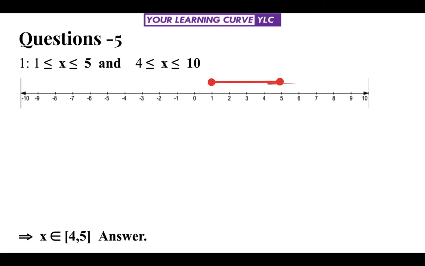So this represents inequality 1. Now see the second inequality, x belongs to the interval 4 to 10. We draw the interval 4 to 10, and since 4 is to be included, we put a filled circle. 10 is to be included, so we put a filled circle over 10.